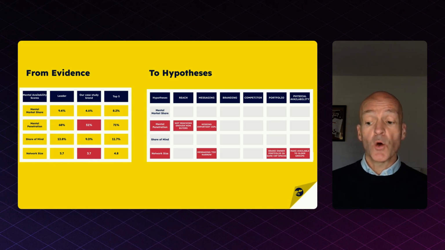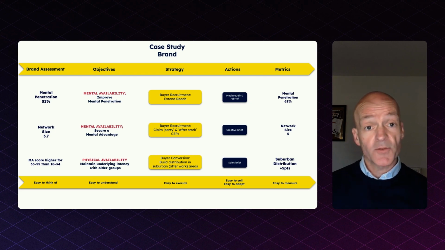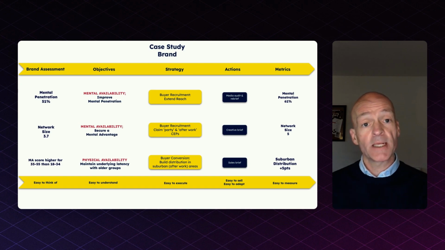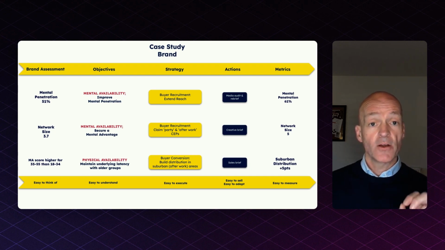So we're able to take all of this information and start to build a strategic framework. We won't go through all of this detail today, but I wanted to show you how powerful a mental availability assessment can be to help you get to objectives, strategy, actions, and most importantly, the metrics that matter.